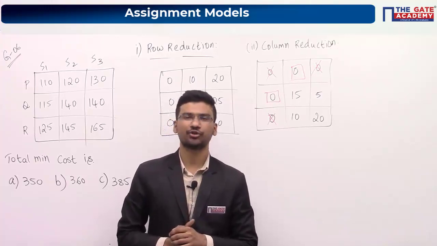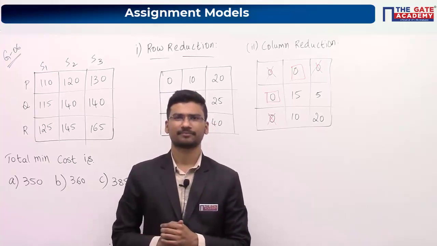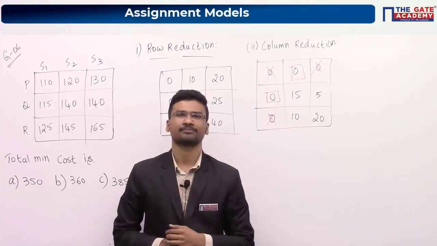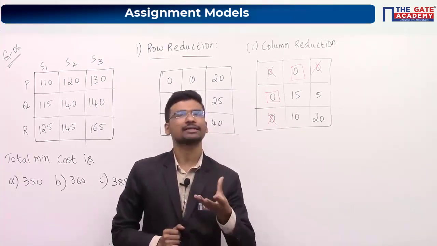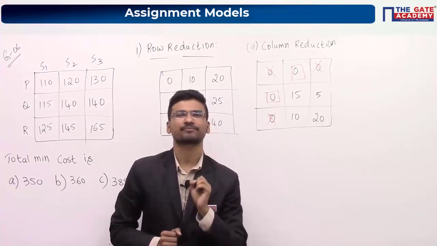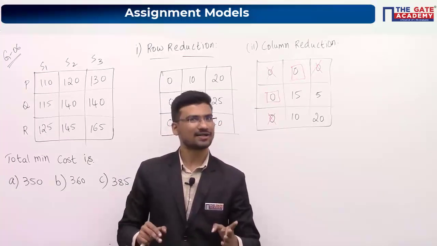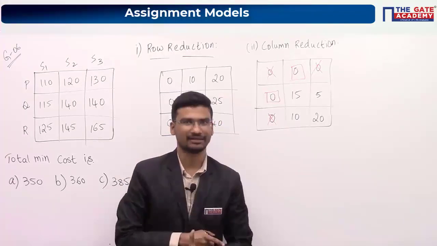The straight lines should be horizontal or vertical. I am repeating the point. Cover all the zeros with minimum number of straight lines. Full stop. The straight lines should be horizontal or vertical. This is your step number 1.